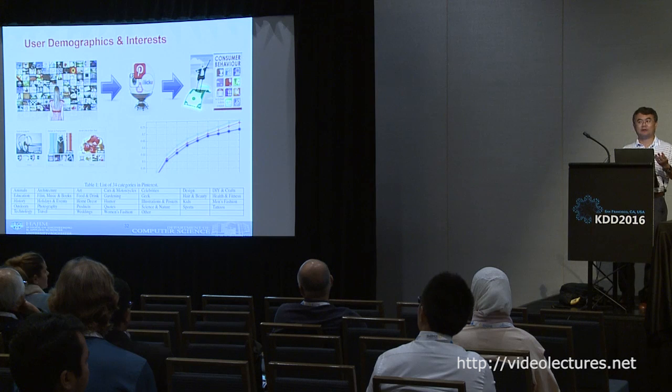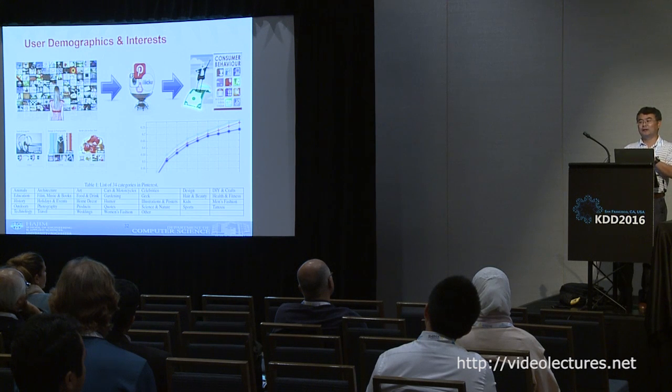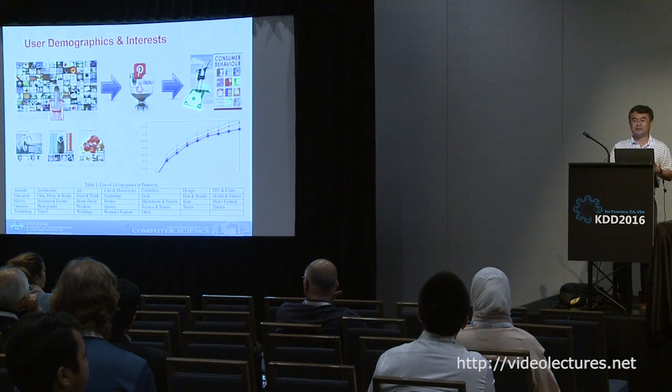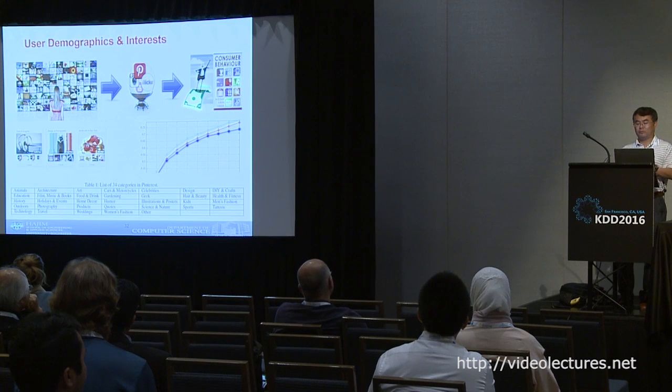You may have a question: how do you know you did it right? Well, when a user starts a board, he's supposed to choose a category, which is one of these 34 things. So we put that information aside. That's our ground truth. Now our job is to look only at the images and perhaps the captions of the images, and predict or estimate that ground truth.